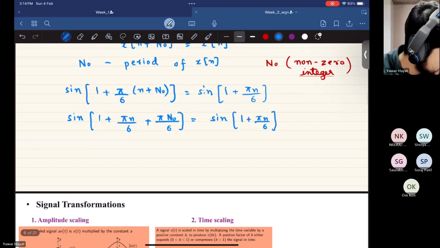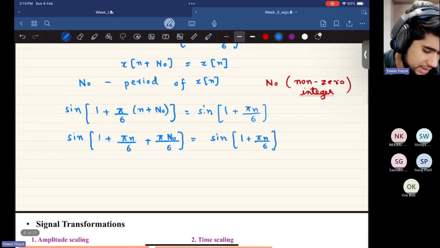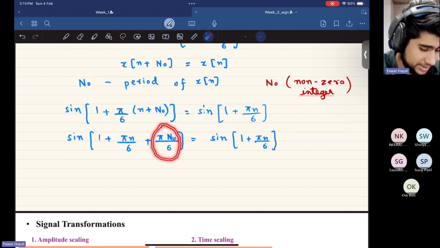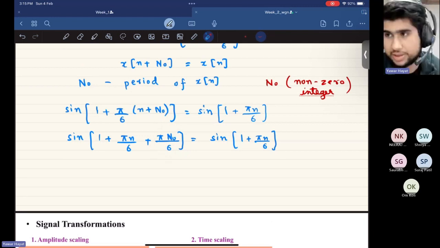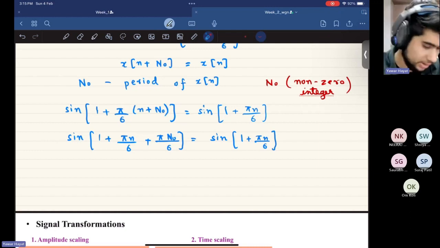And then the above equality is satisfied when this pi n naught by 6 is an integral multiple of 2 pi, right? That is true for all sinusoidal signals, and that is true for this case as well.